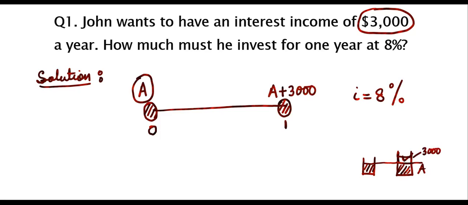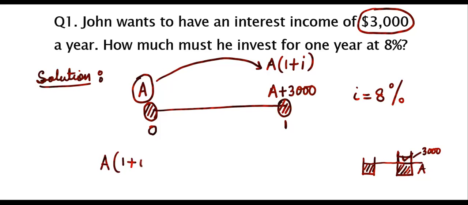If you apply the formula, A should grow to A multiplied by 1 plus I in 1 year. It's only 1 year. So if you equate these two, you write A multiplied by 1 plus I equal to A plus 3000. Then you try to solve this. A you can cancel from both sides.